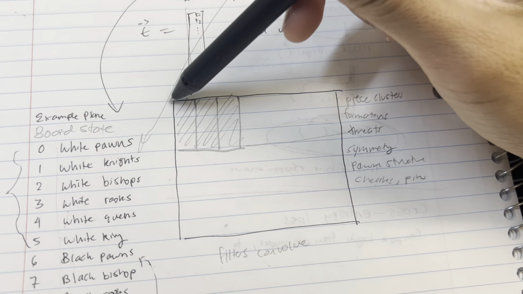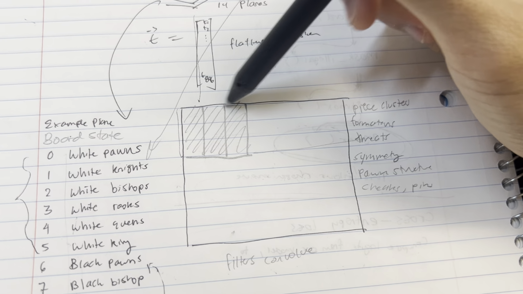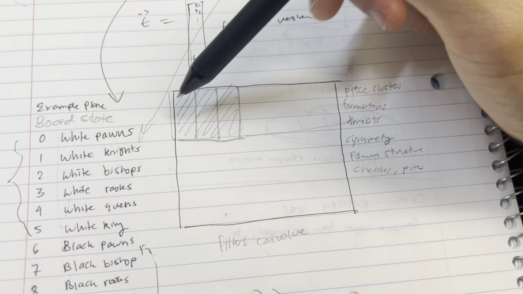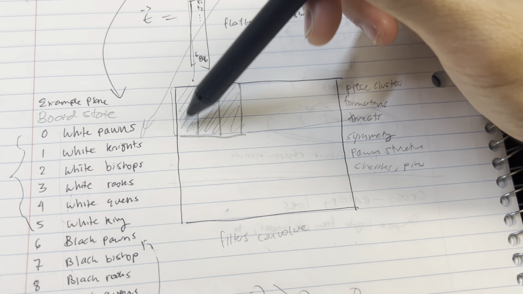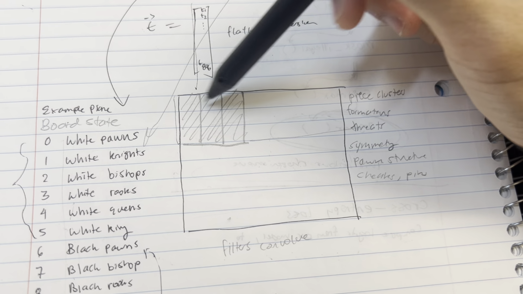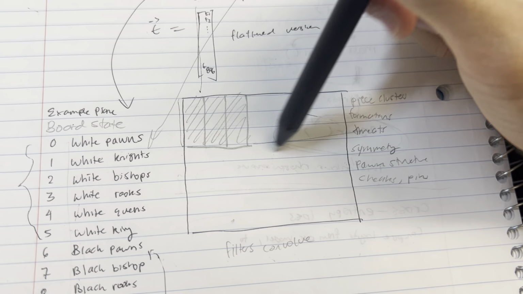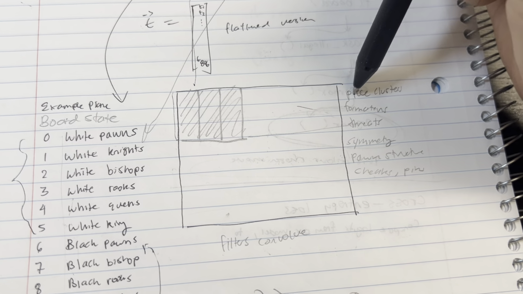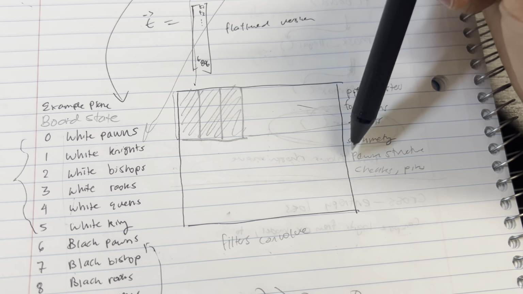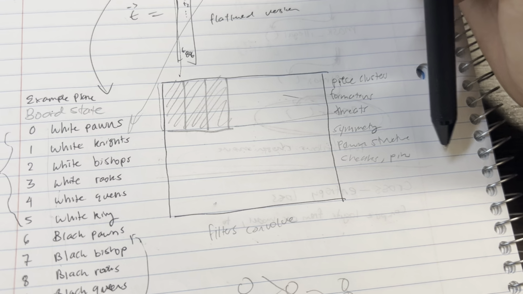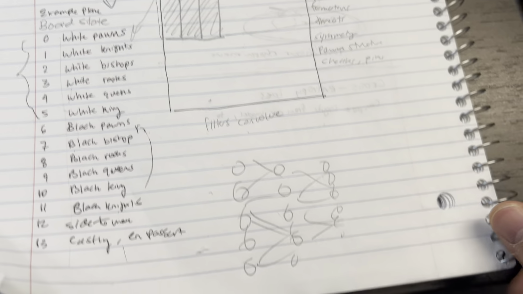And the actual CNN, what it learns, the hidden layers that it finds, are a 3x3 sliding window over the chessboard, where they find stuff like piece clusters, formations, threats, symmetry, pawn structure, checks, pins, etc. We don't set these, that's what it learns.